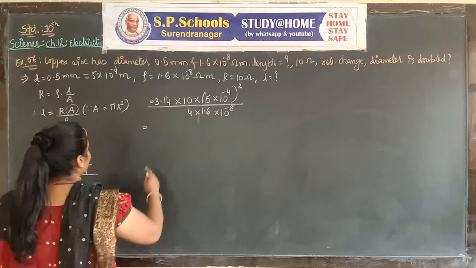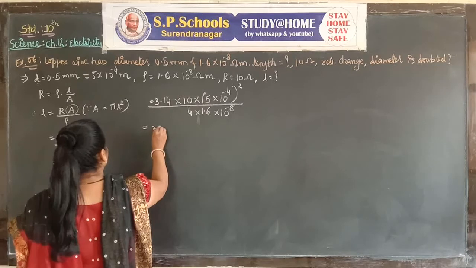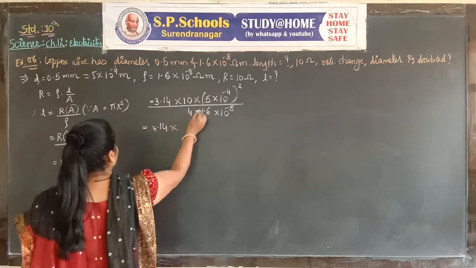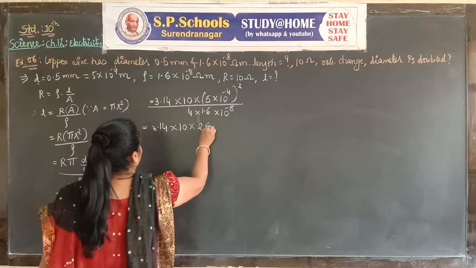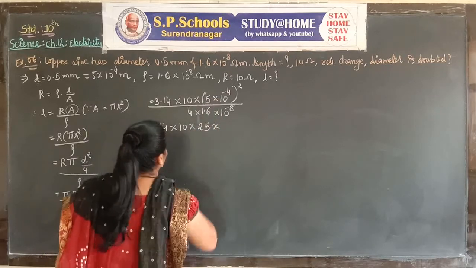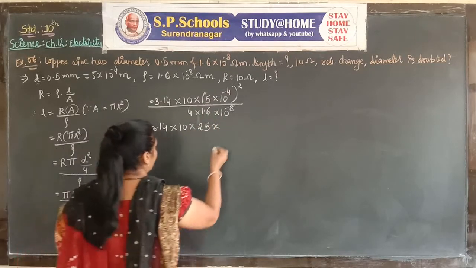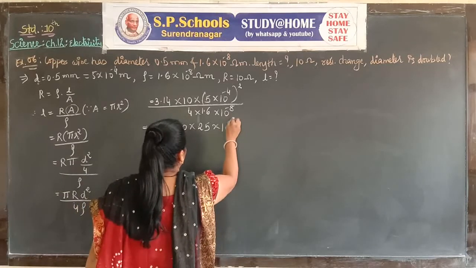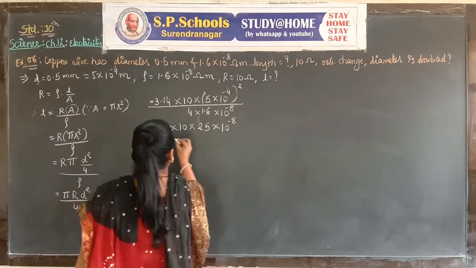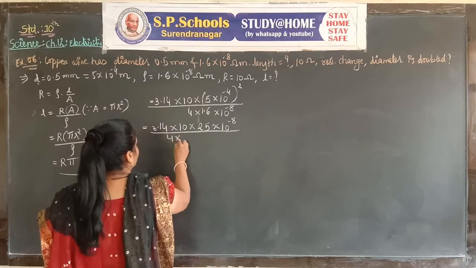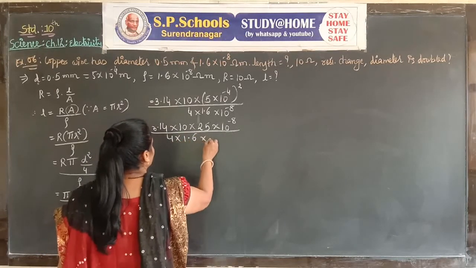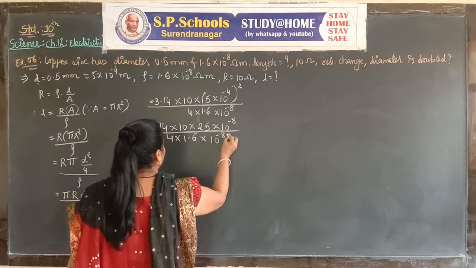So 3.14 into 25, since the square of 5 is 25, and 10 raised to minus 8, upon 4 into 1.6 into 10 raised to minus 8.